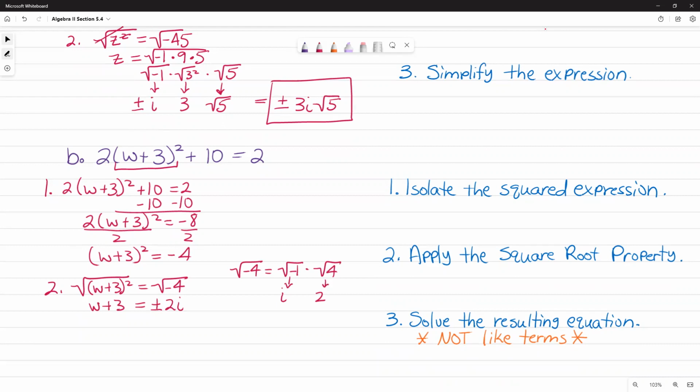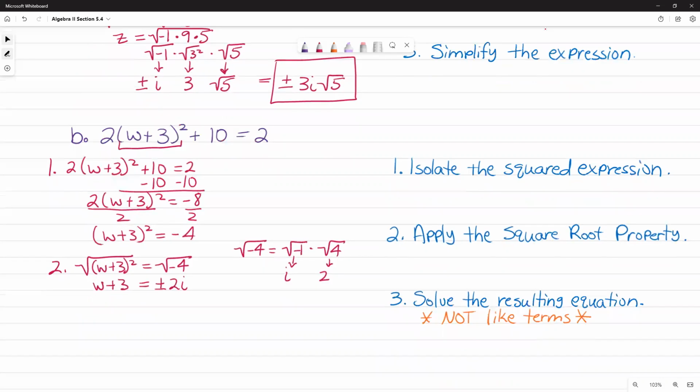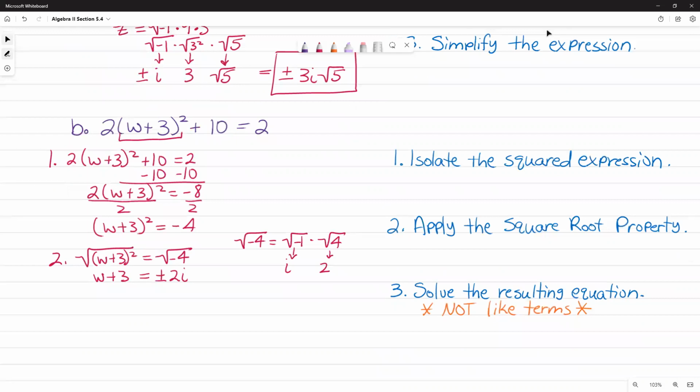Now I still have to isolate the w. So this is sort of step 3. I need to subtract 3 from both sides. However, the 2 is being multiplied times the i, which is the imaginary number. So we have w equals -3 plus or minus 2i, and we are done.